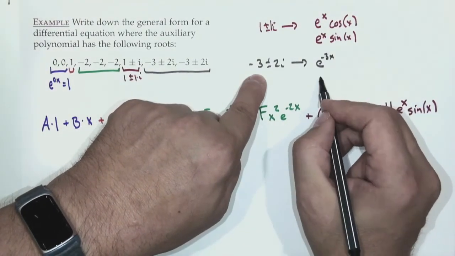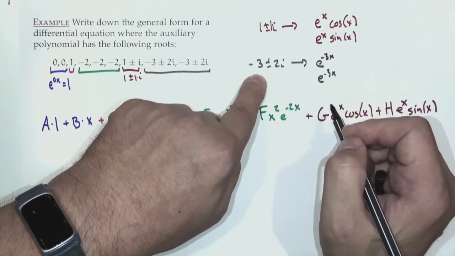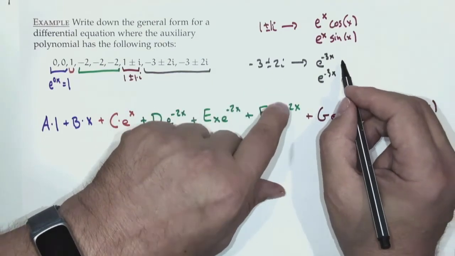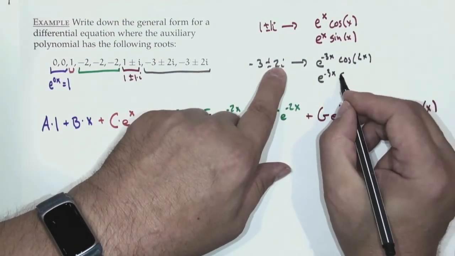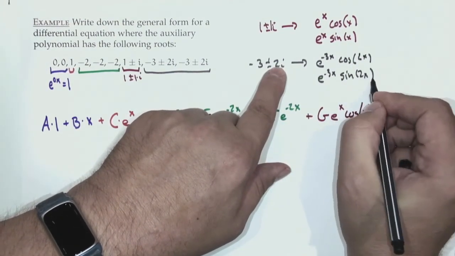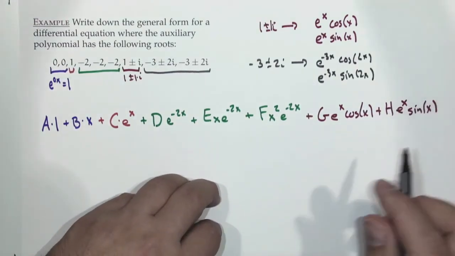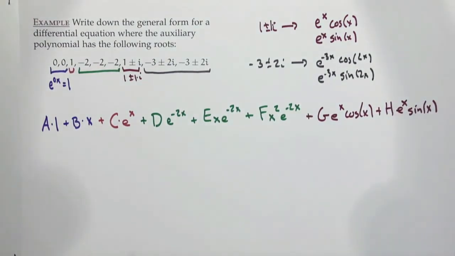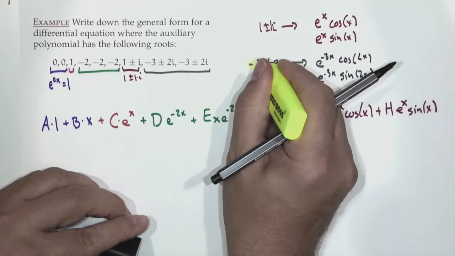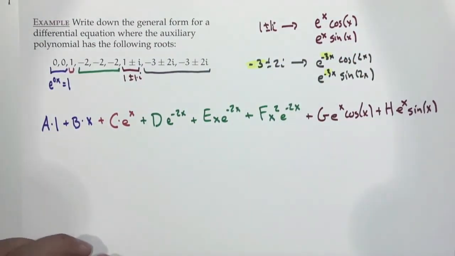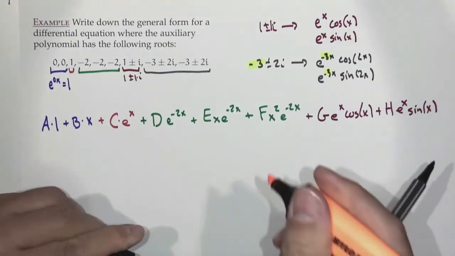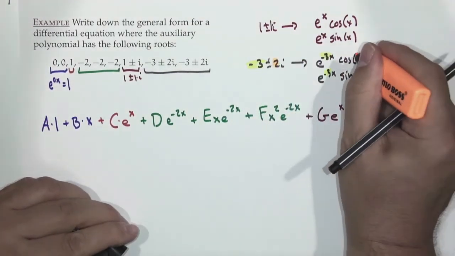That tells you what happens with the exponent of the exponential function, and then cosine 2x and sine 2x. So the 3 shows up there, and the 2 shows up over in these pieces.